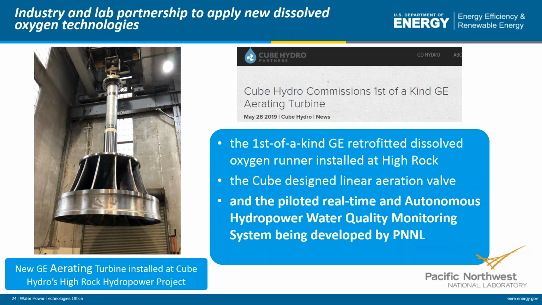Again, looking forward to more digital operations of hydropower projects, the data collected from the robotic system can then be used in modeling dissolved oxygen throughout the year, with those data then tied to the operation of this runner for the most efficient and cost-effective operations of this runner.